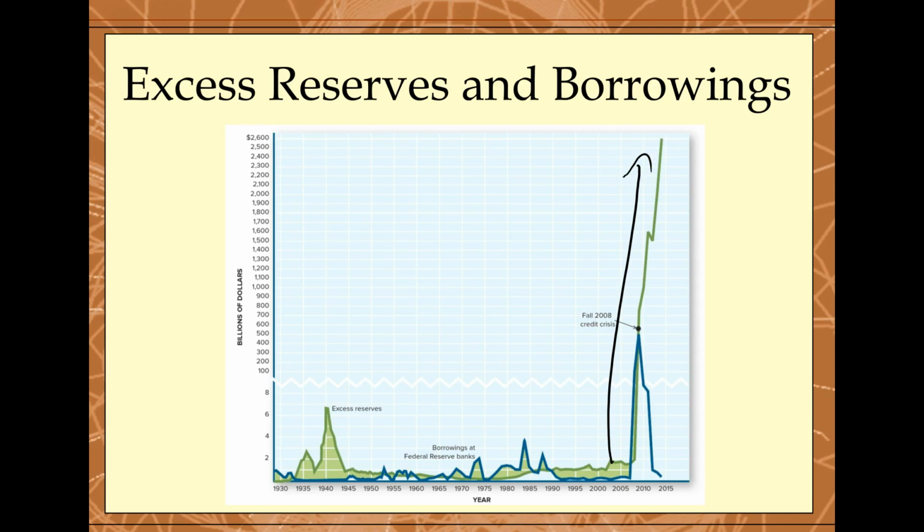Banks needed money because some of the assets that they were holding became less valuable, and that really affected the banks' balance sheets. And they needed to recapitalize. That's a fancy way of saying they needed money to prevent them from going bankrupt. And the Federal Reserve stepped in and allowed them to borrow money.